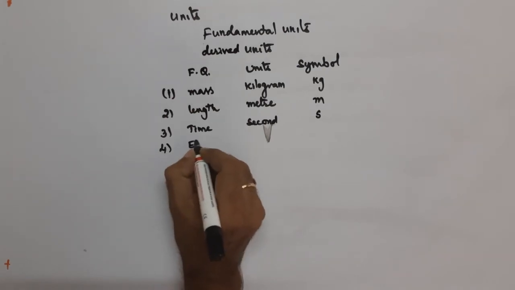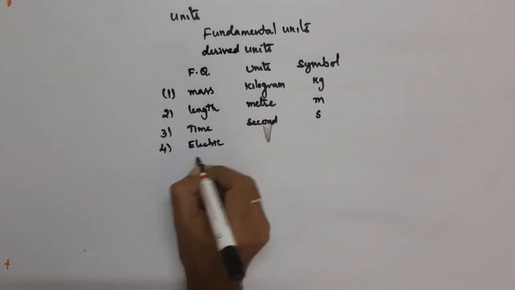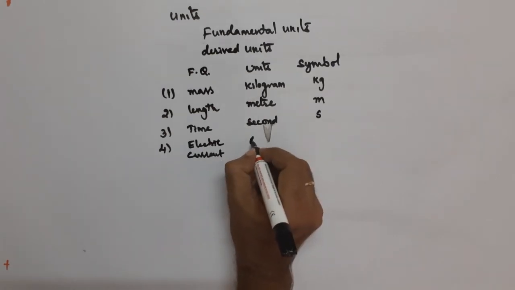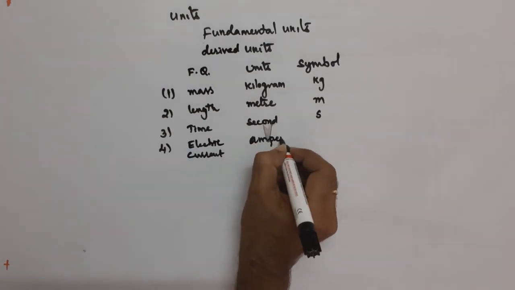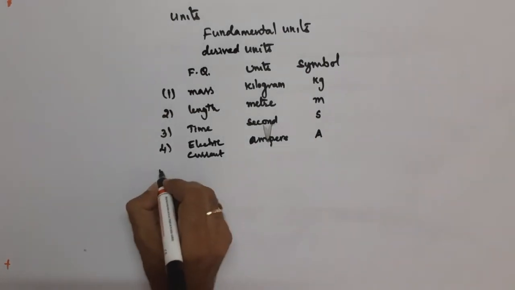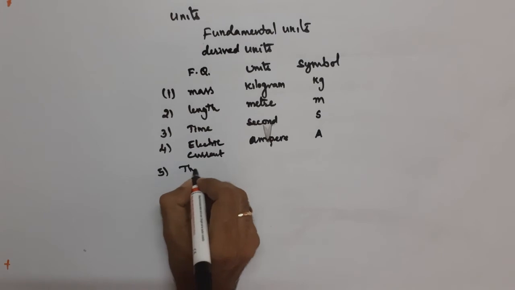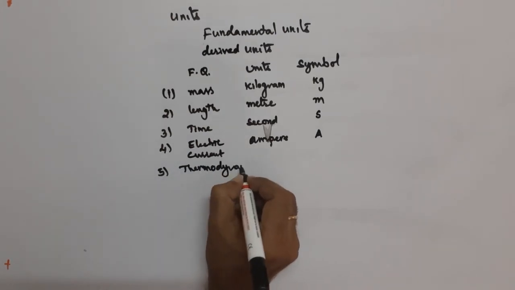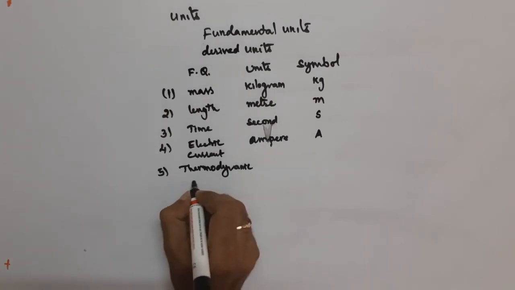Electric current. Ampere. Symbol is A. Now, thermodynamic temperature.